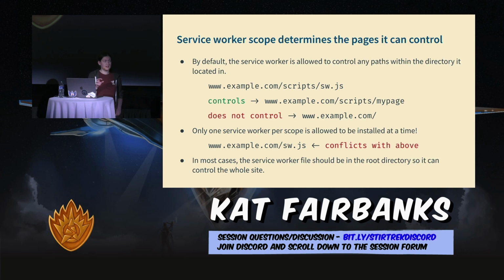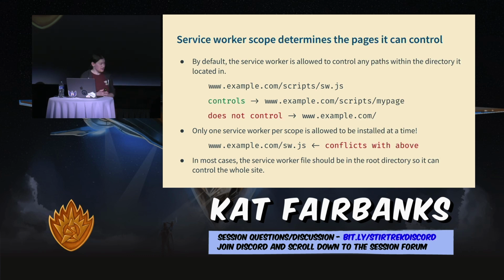So if you want to organize your scripts, like scripts/service worker, this can cause problems because it will only control anything within that folder. It will not control the root site by default. And it's not allowed to without a little bit of extra work telling the browser that the main page is OK with that happening. The service worker has a lot of access, right? It's getting all of those fetch events, so you want to make sure this is done securely.